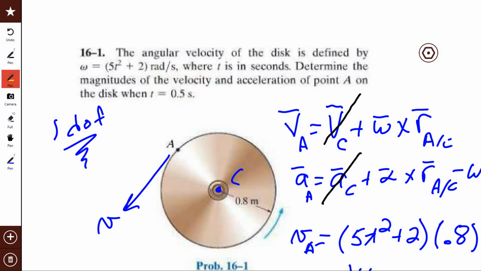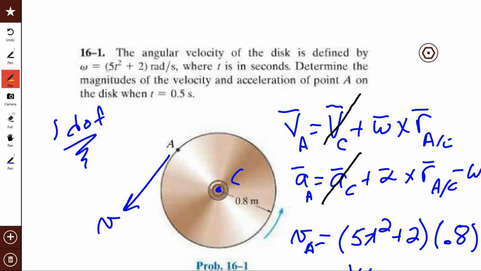Okay, the omega R equation. When you're using omega R, you have to identify the special points. Where are the special points here? They're marked. C. Why is C special? You know something about it. It's in permanent contact with the ground.